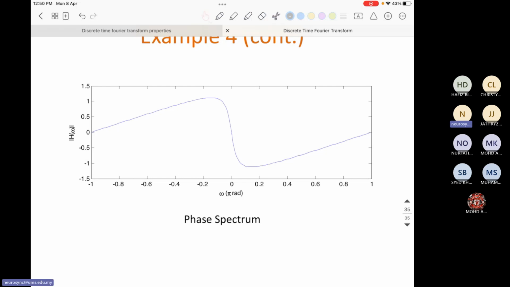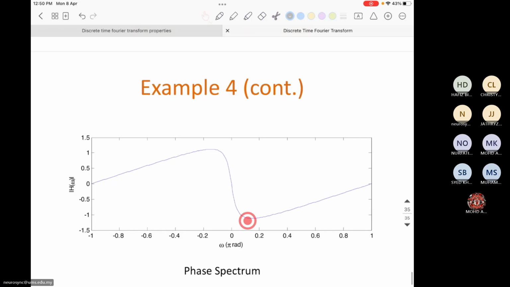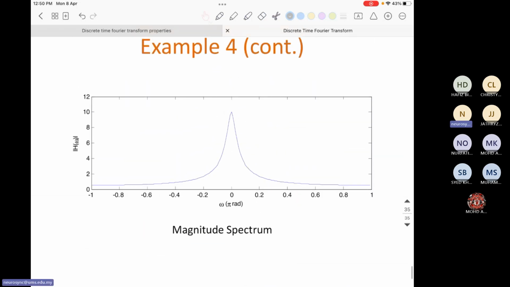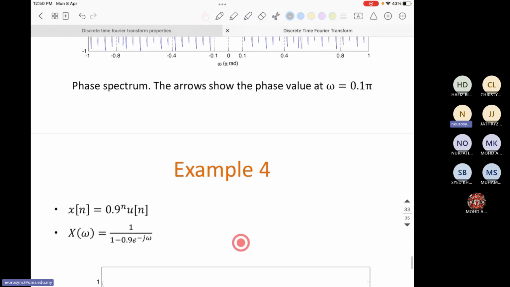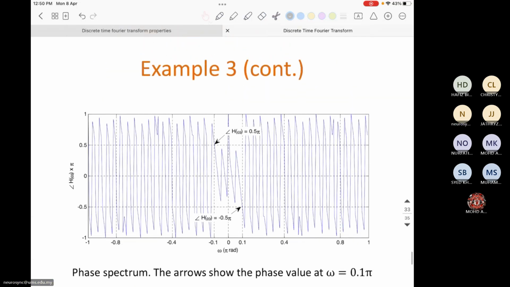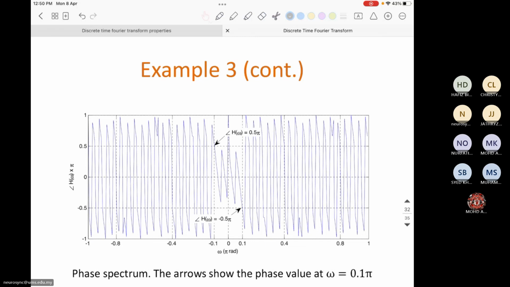Okay, so for today, I think we will stop here. Any doubt? Can you try to draw plots in MATLAB? Try to plot the magnitude plot and the phase plot.